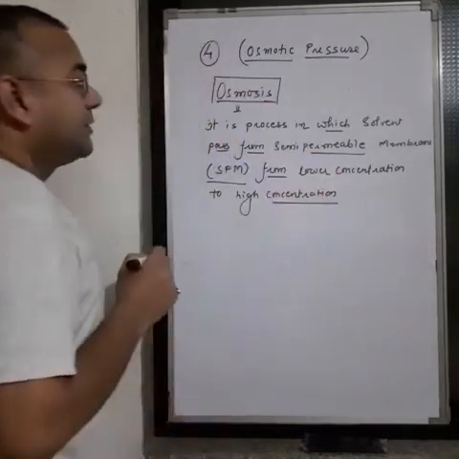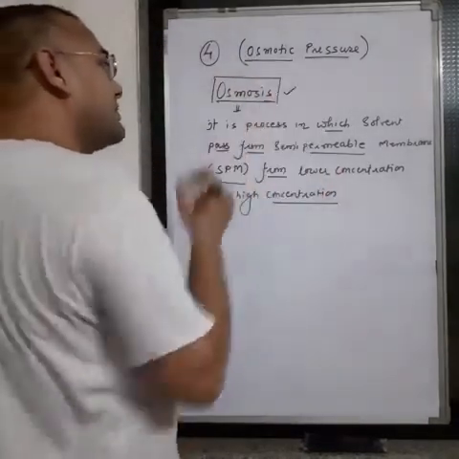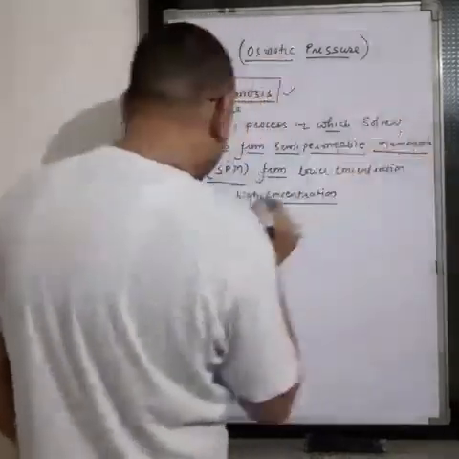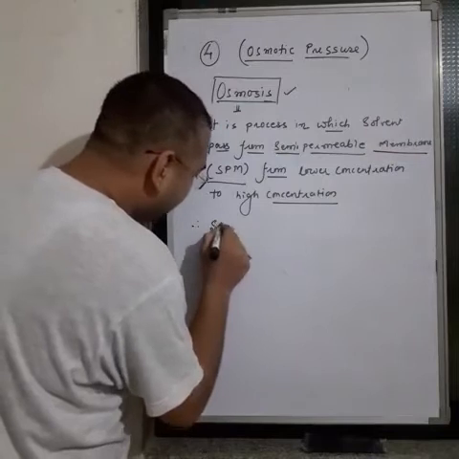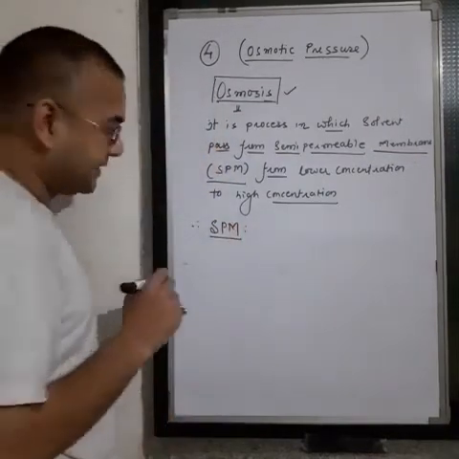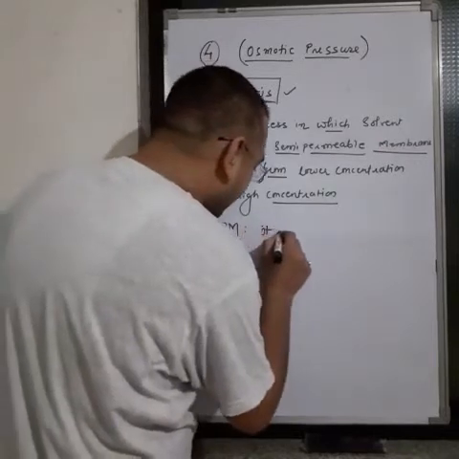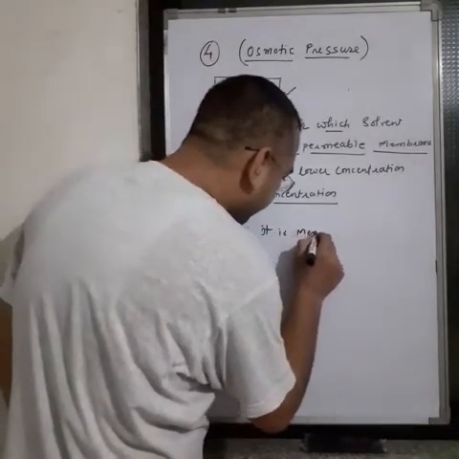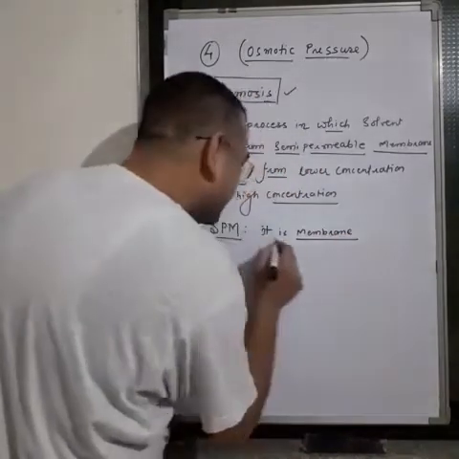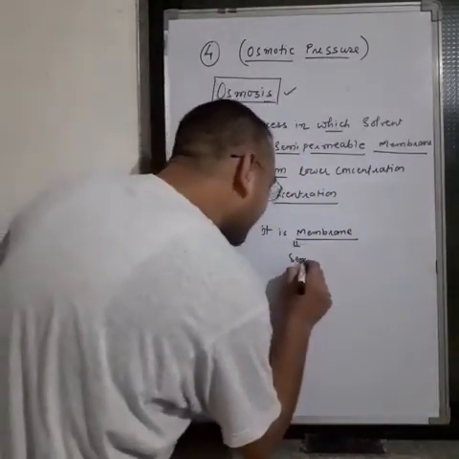Now, before understanding osmosis, again we have to understand the semi-permeable membrane. What do you mean by SPM? It means the semi-permeable membrane. It is a membrane, but it is semi.